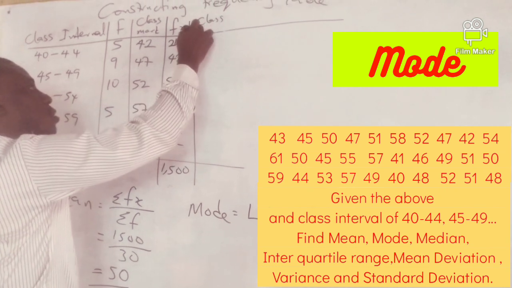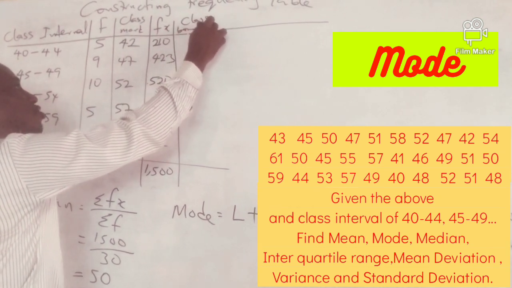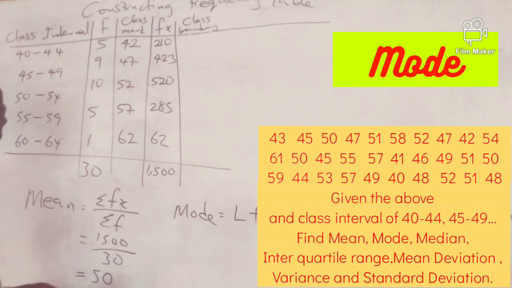Find class boundary. Your class boundary comes from your class interval: lower class limit minus 0.5, upper plus 0.5.